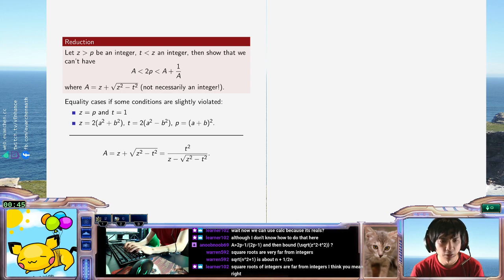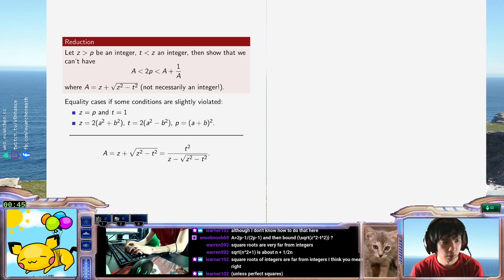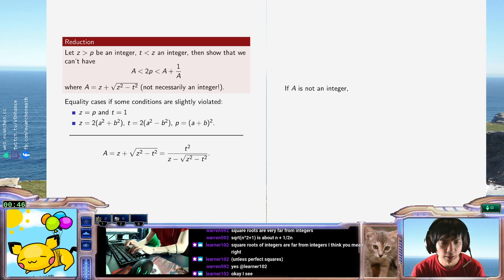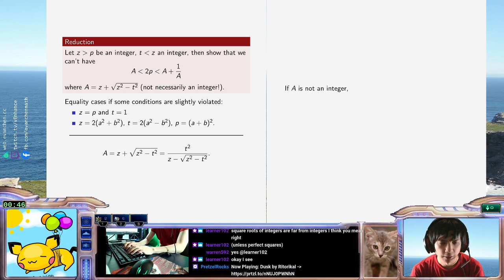If a is not an integer, then we have a bound of like... So z plus root z squared minus t squared is not actually just strictly less than 2p. It's less than 2p minus 1 over... What do I want?